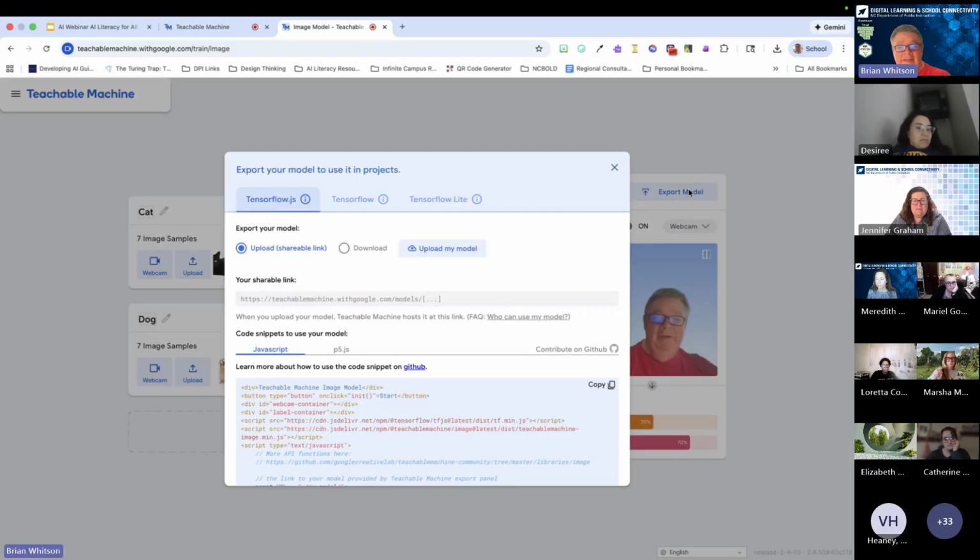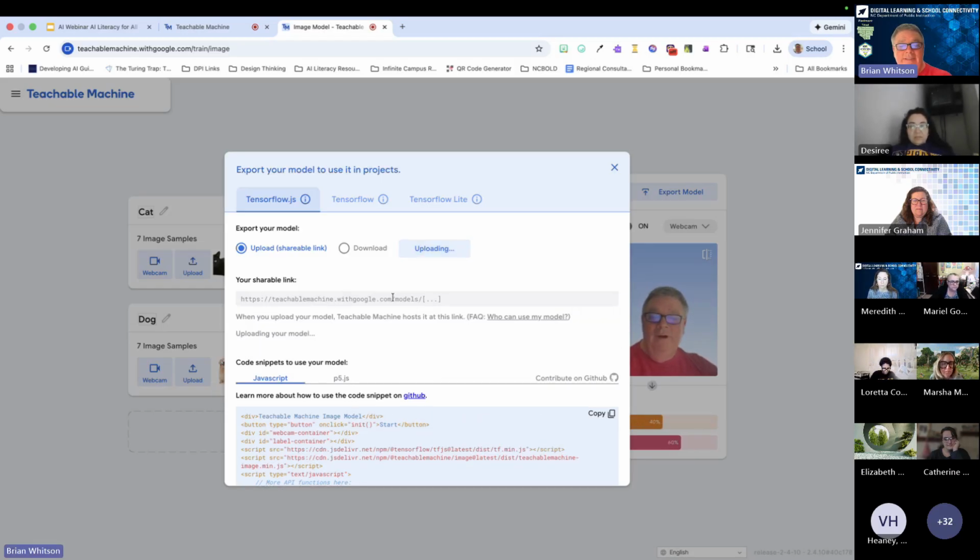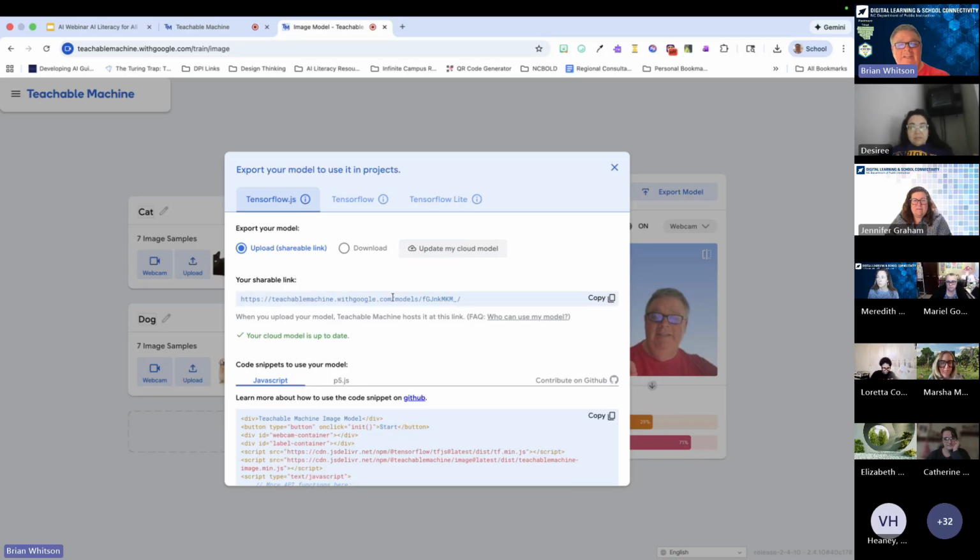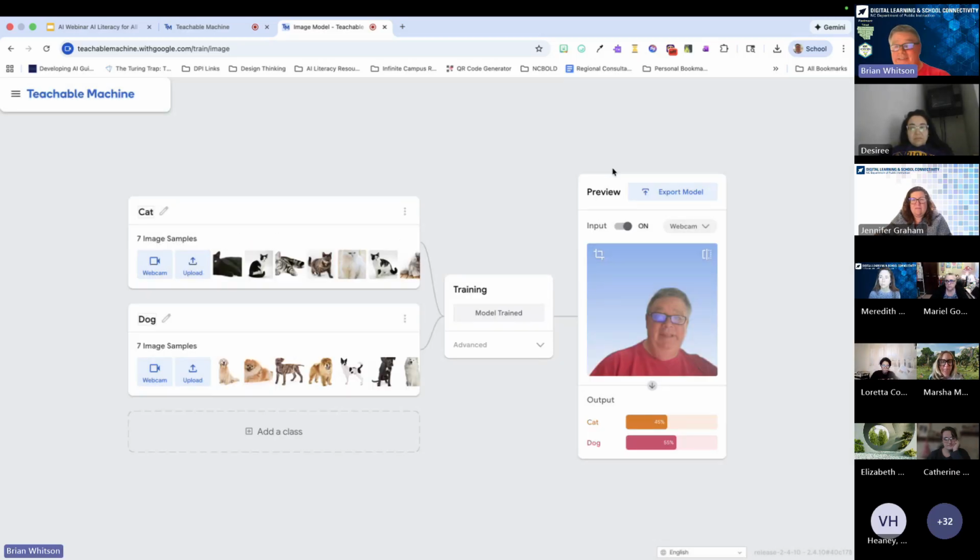Now, if I'm interested, and like you guys saw, I can just export the model. And one of the cool things I saw was one of our AI Solvathon teams used this to help program a model that connected to a robot that would classify different pieces of trash. So it was pretty cool.